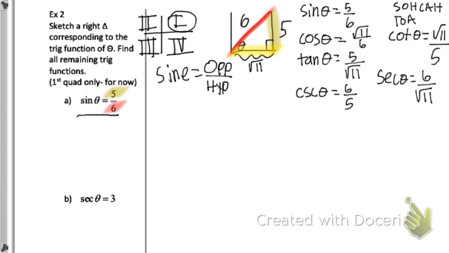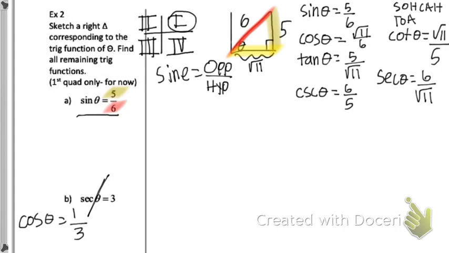Now let's do secant of theta, which equals 3. To make this easier, we know secant of theta is the reciprocal of cosine of theta. So let's cross out secant of theta. So cosine of theta will equal 1 over 3.